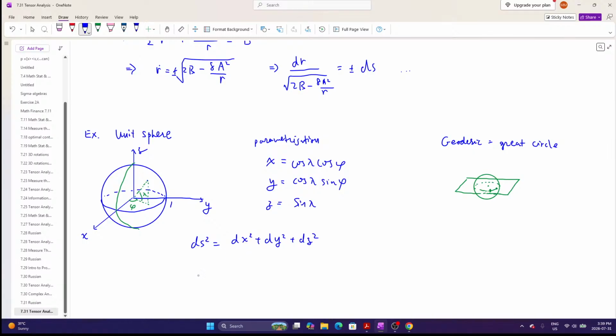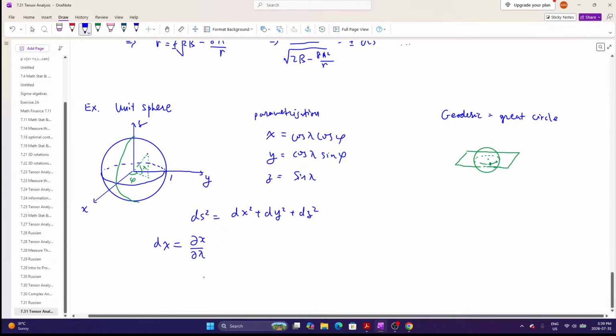Treating these as total differentials. So dx would be the partial derivative of x over lambda times the total differential d lambda, plus the partial derivative of x over phi times d phi.